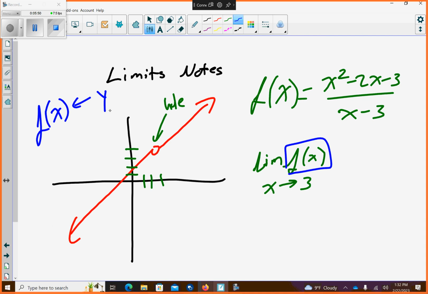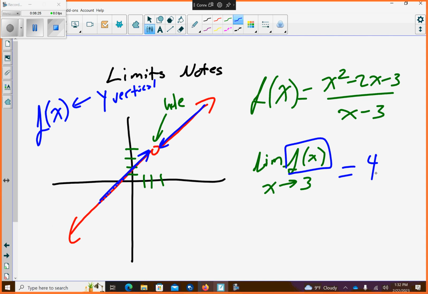So this is what's going on in the vertical direction. As I'm riding up this line to here, or I ride down this line this way, as I approach the x value of 3, the y value is going to be at 4. That doesn't mean 4 exists.